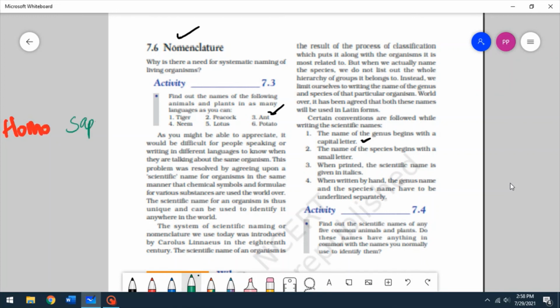That's what we're called. Homo sapiens. So Homo is the genus name, and sapiens would be the species name. And this is for humans.